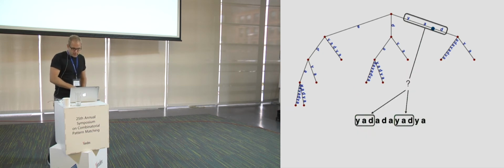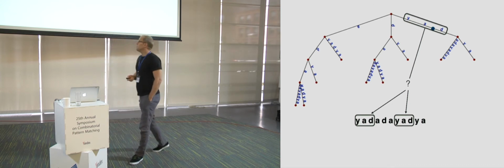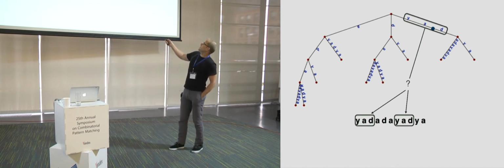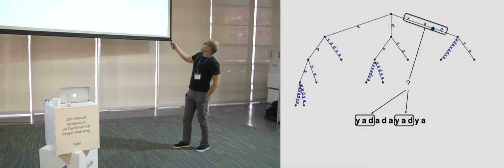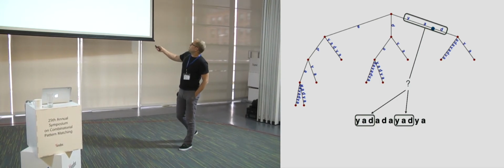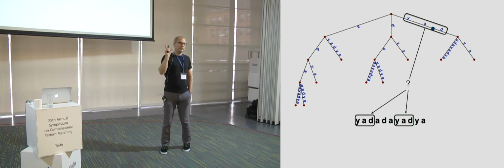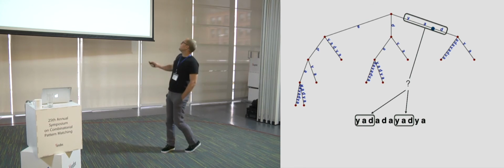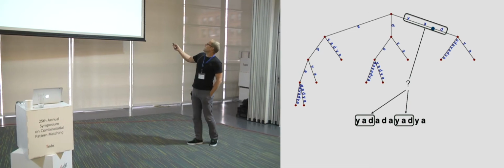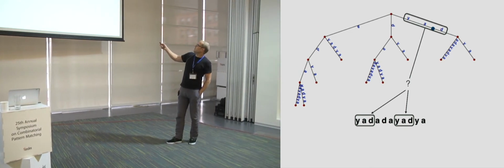Now, we want linear size of the data structure, which means we can't store every edge label separately. So instead, every edge label is stored as a pair of pointers into some position in the index string where that label string is. So in this case, we can have this label represented as pointing to this substring or to this substring.